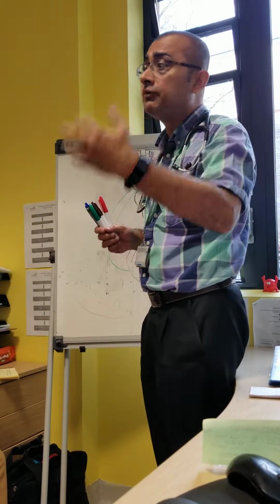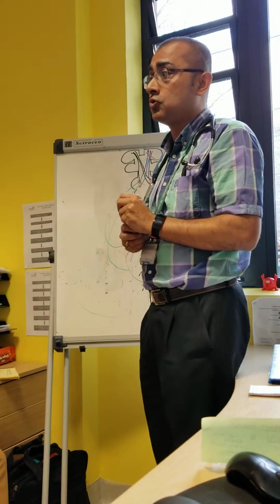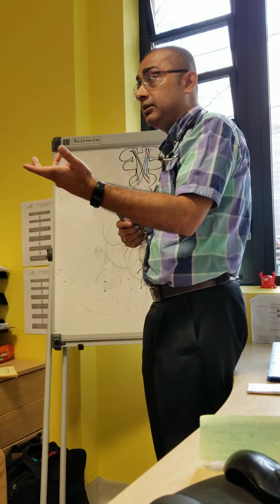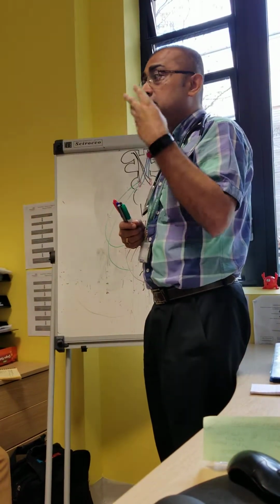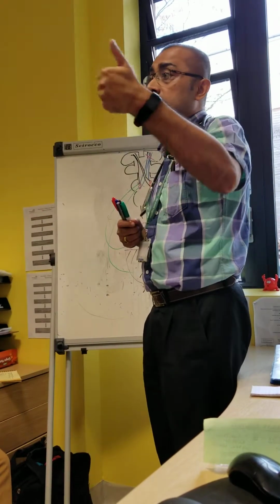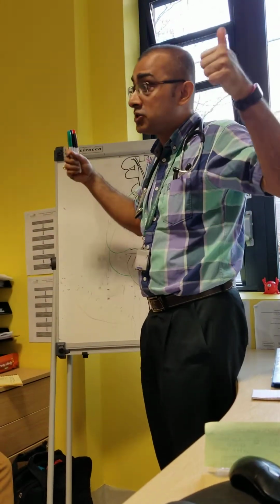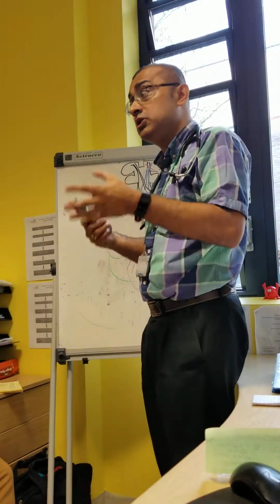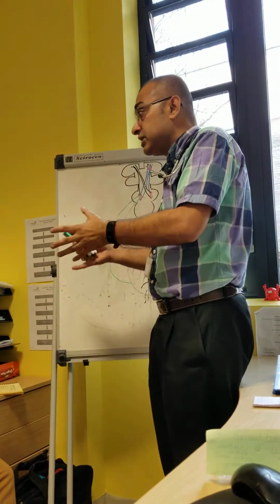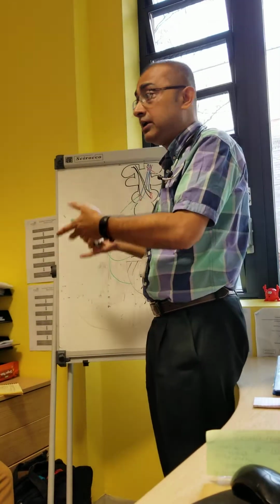What are the things you are focusing on if you suspect that this is a stroke? Risk factors: high blood pressure, atrial fibrillation, smoking, diabetes. Then is there any previous history of bleed, which can indicate cerebral amyloid angiopathy? Any medications which can be responsible for bleed, like antiplatelets or anticoagulants?